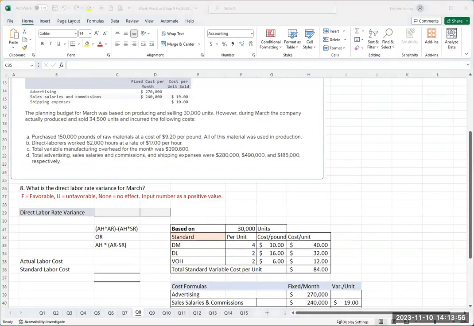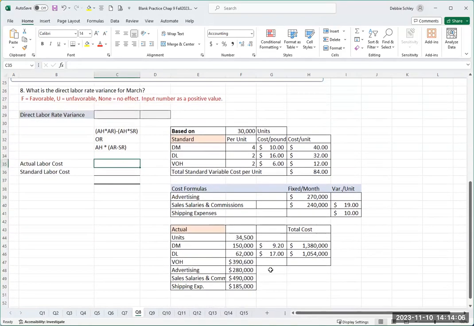Okay, question 8. Direct labor rate variance. So my actual labor cost they gave me, right? AH times AR, they told me was this. And my standard labor cost, AH times SR. So my actual hours times my standard rate per hour should have been that.